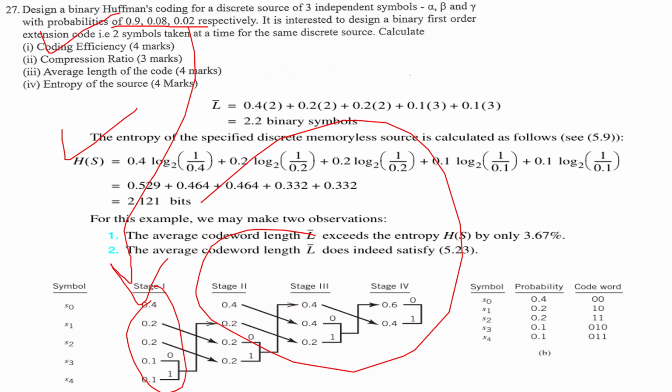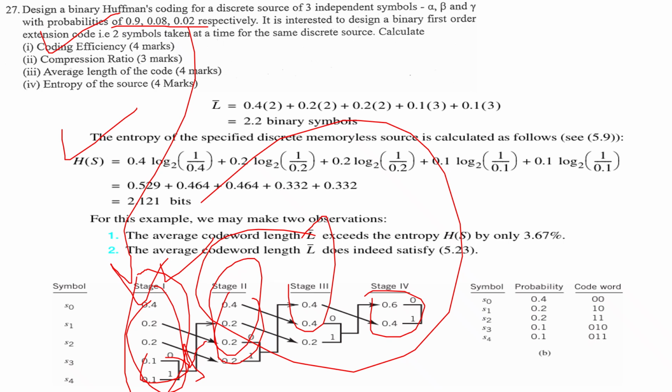So the step is that first of all, step one, arrange all these probabilities in descending order and add the lowest two. And after adding the values, again arrange in descending order, again add the lowest two, again arrange. So keep on adding the lowest two and keep on arranging in order, and further go through from left to right and write the code from right to left.